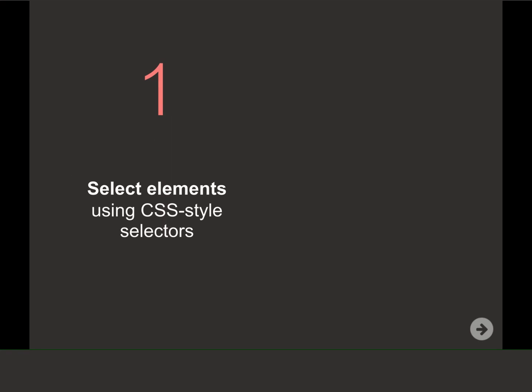So we can first use jQuery to select elements. But the way to select elements does not use the same style as JavaScript. We use the CSS style because that is more direct and much easier.